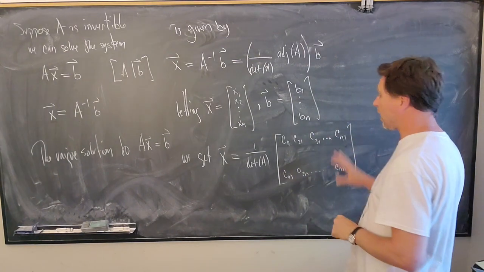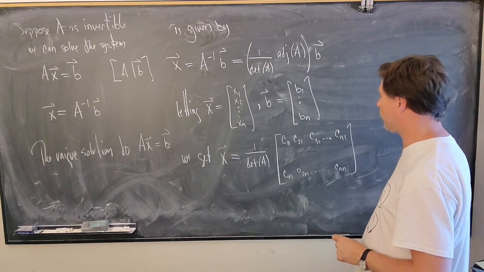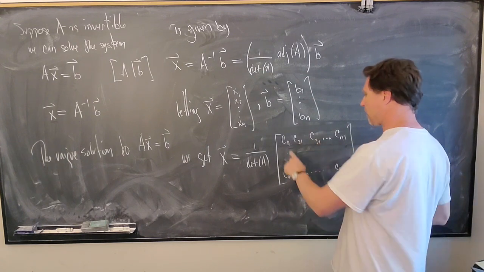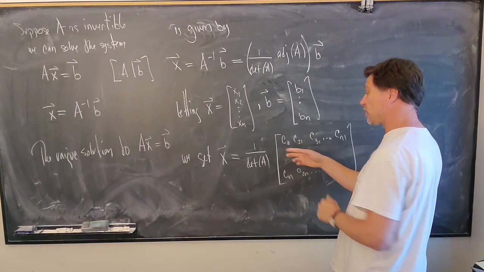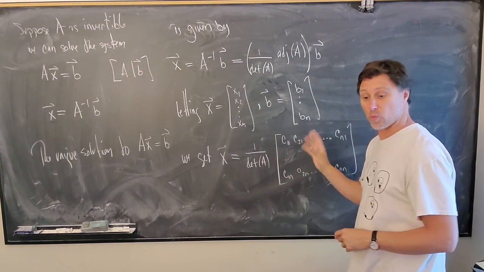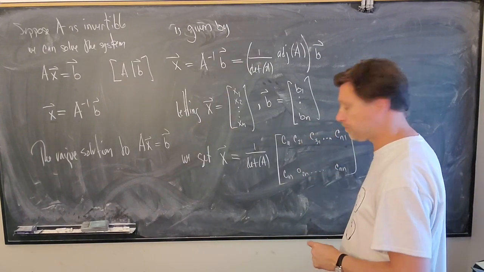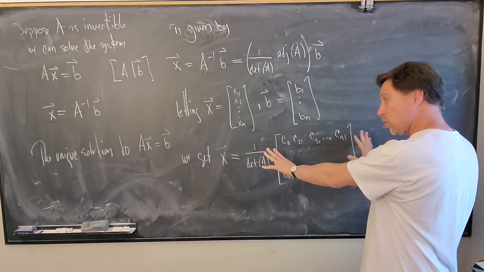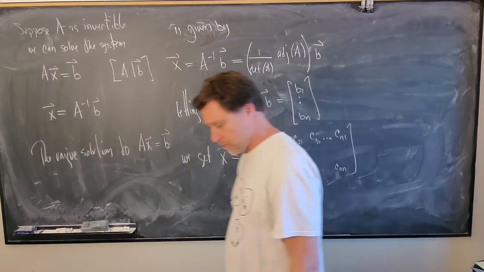And notice, now I took the transpose of that matrix of cofactors, so you can see the first subscript is actually changing, right? Because we've swapped the roles of row and column.